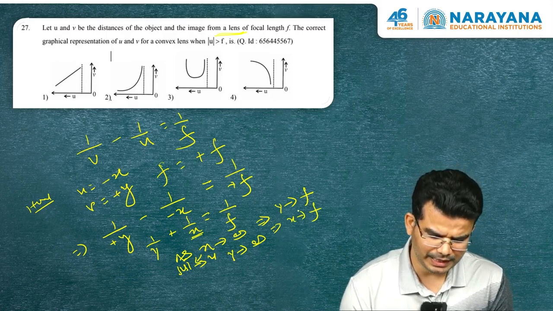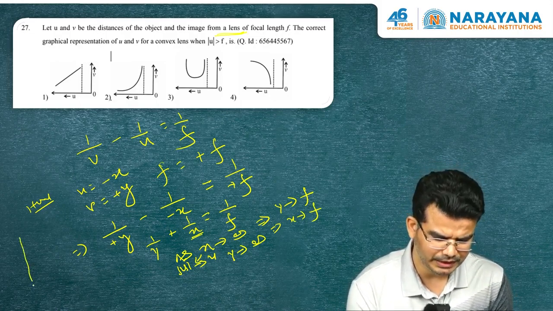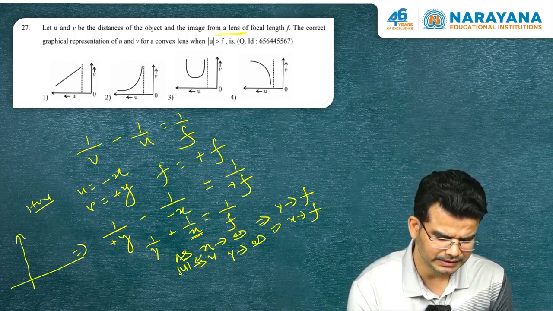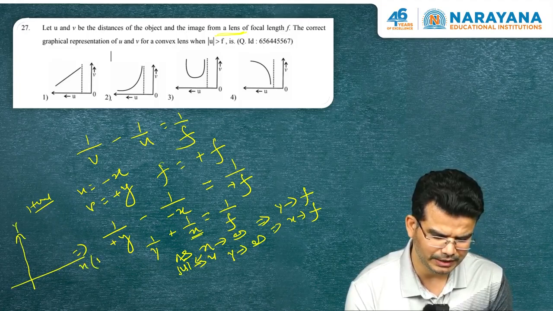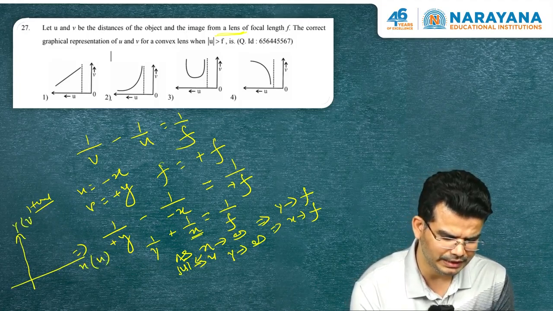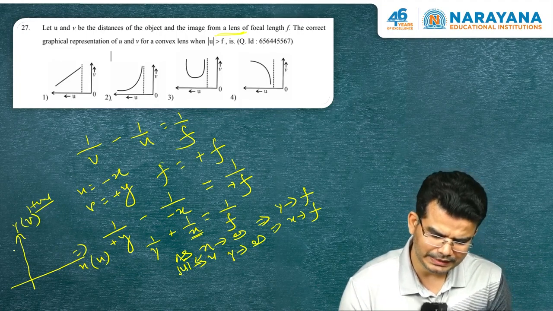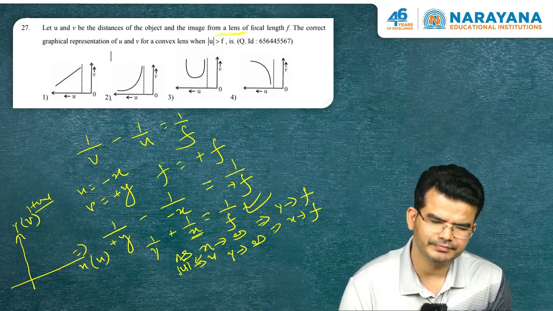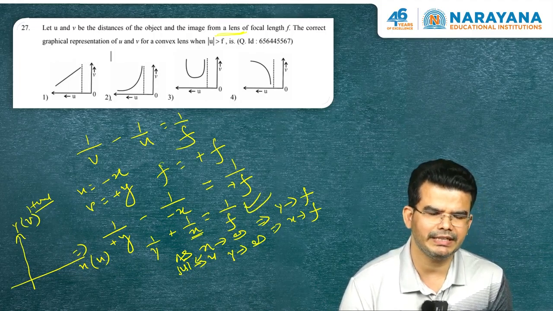Now the correct graph I can draw here. Let us say this is y and this is x. Again x is actually u, and y is actually v. Second thing, this graph is obviously non-linear. The y versus x graph is non-linear because it is 1 by y plus 1 by x; it is not a straight line.